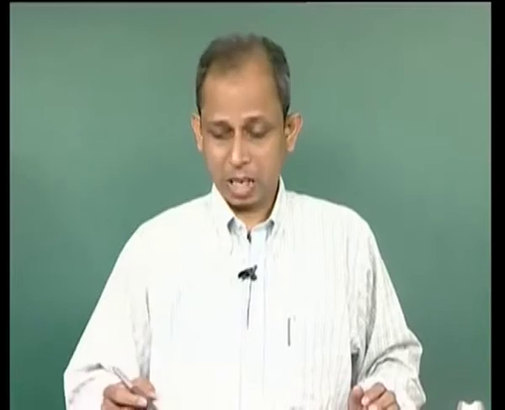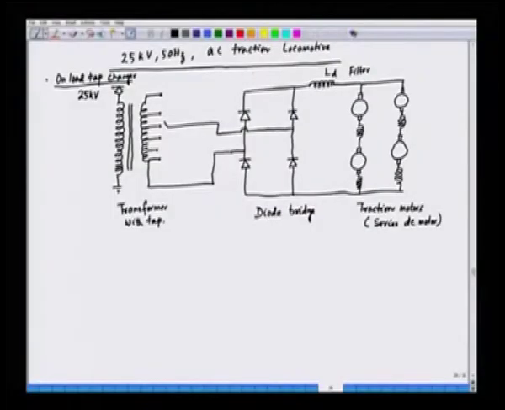In this case we drive a DC motor, the tap changing transformer supplies a rectifier bridge, and the output is rectified as we have seen here. This is the rectifier bridge, and then we have a filter which filters the ripple on the DC side, and then we have the 4 traction motors.